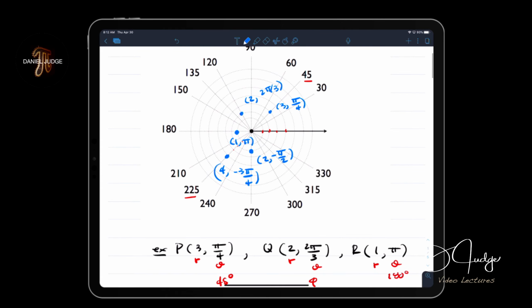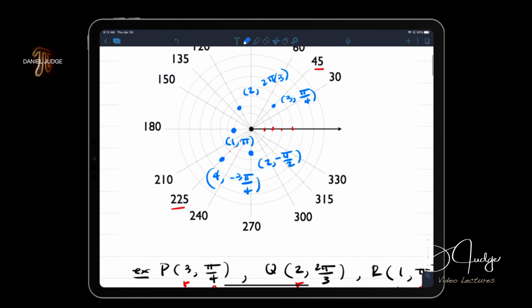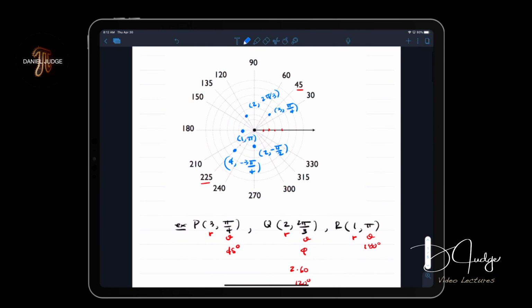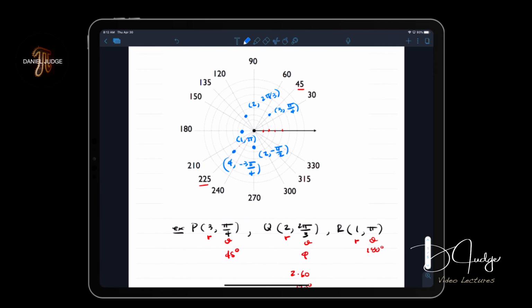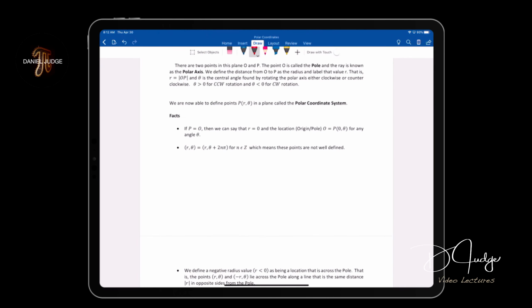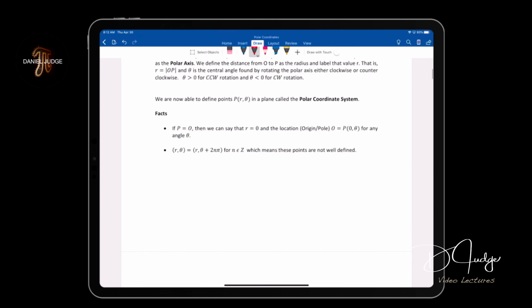So we're plotting some points, and now I'm going to say a few other things about some important details we have to remember for polar coordinates. Let's go back to the facts here. If r equals 0, that means your point is the origin. Then the radius value is 0, and the origin, or the pole, has this particular address.